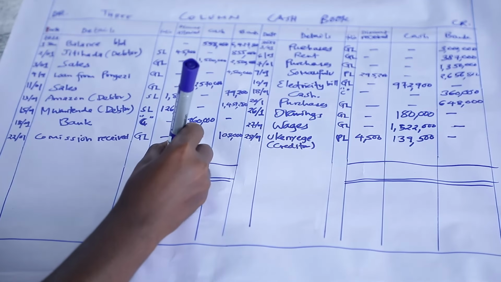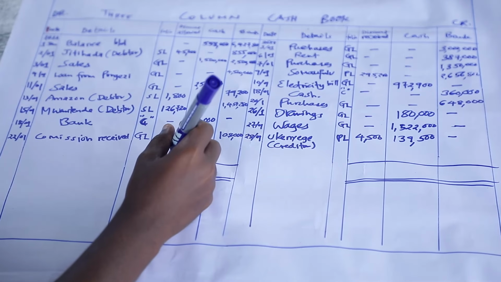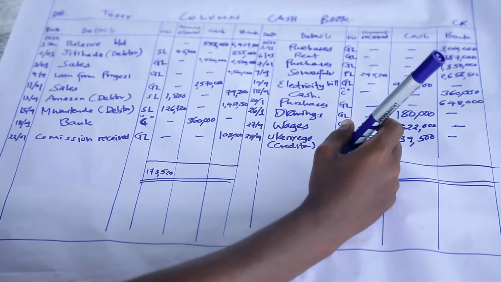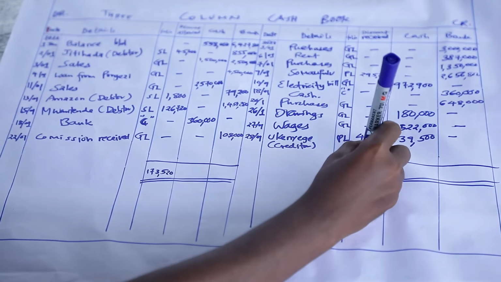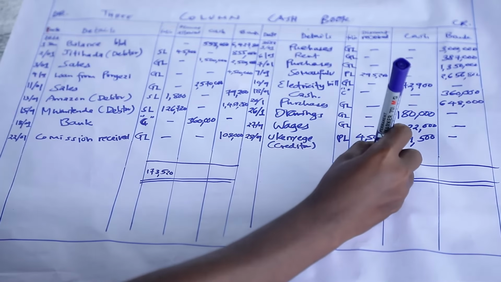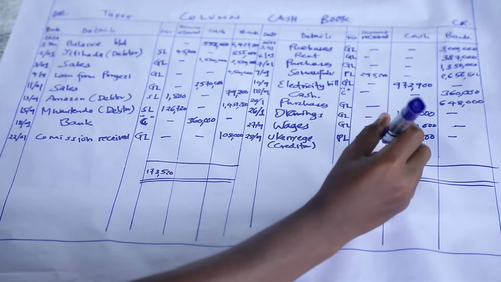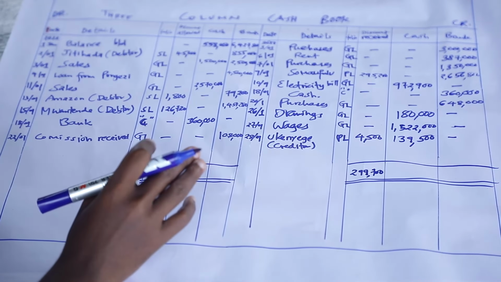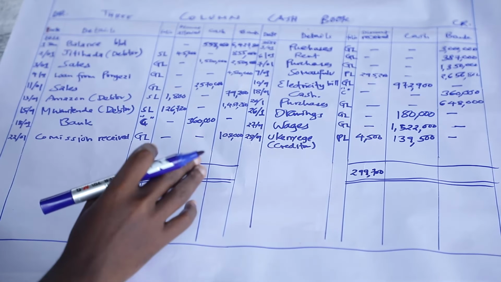So hapa na utajumlisha ili upate total, and the credit side, the discount column, tutakuwa na total ya 299,700. So hizi column utaweka amount tofauti na hamna haja kutafuta balance CD or balance BD.